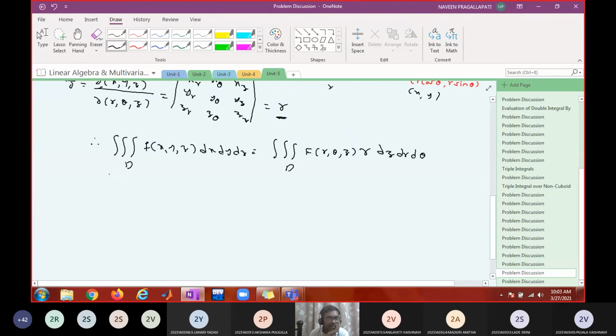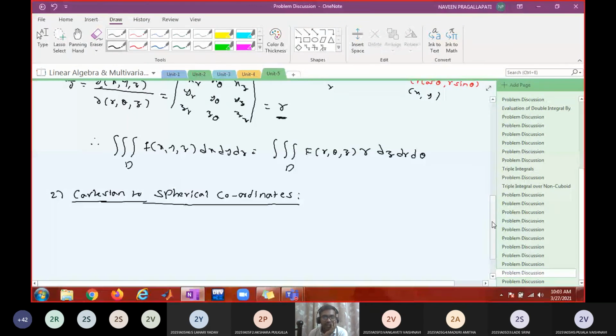Okay, next one is Cartesian to spherical coordinates. Refer to your books and tell me what is the substitution I took there in Jacobians. What is the substitution I took for Cartesian to spherical coordinates?